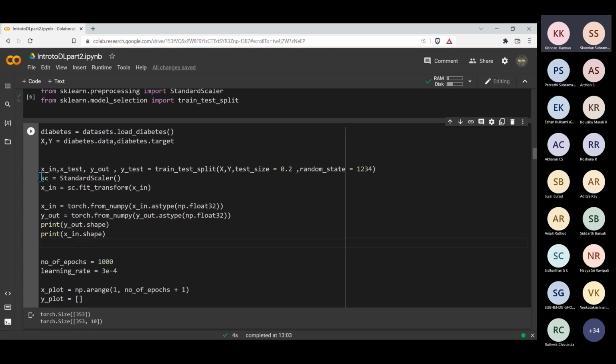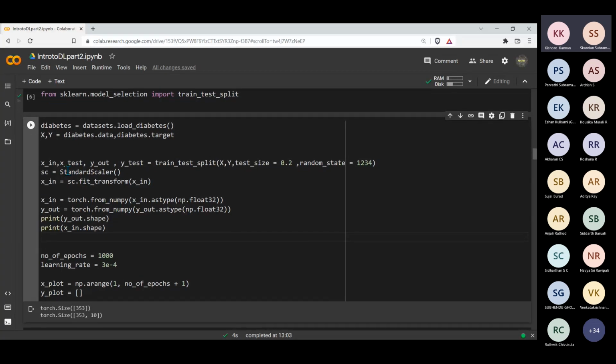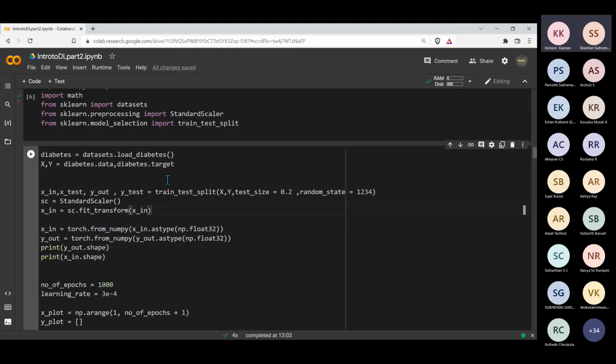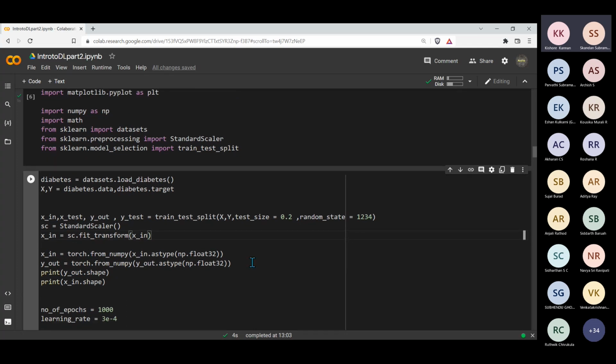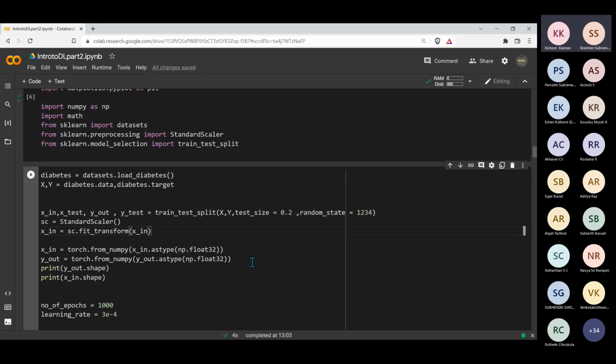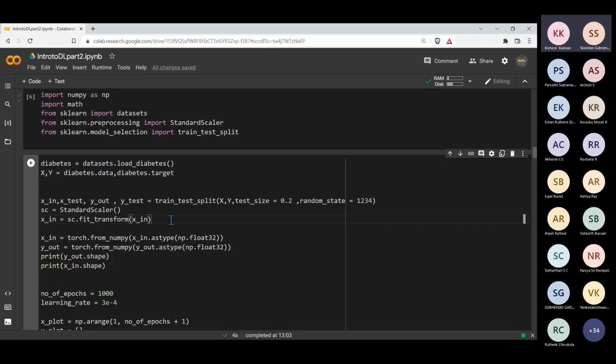And so yeah, first I use the train test split function to split the actual data into a training part and a testing part. And this is a standard scaler object, which is SC, and it is used to normalize the input data so that it will perform better in the neural network.